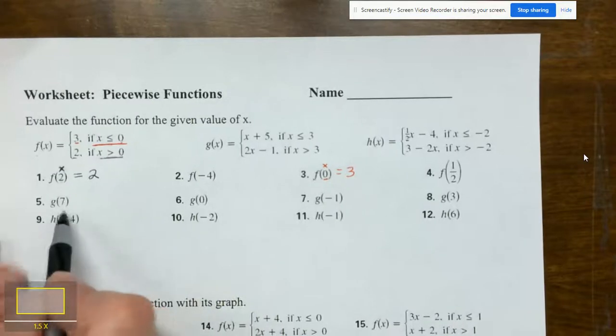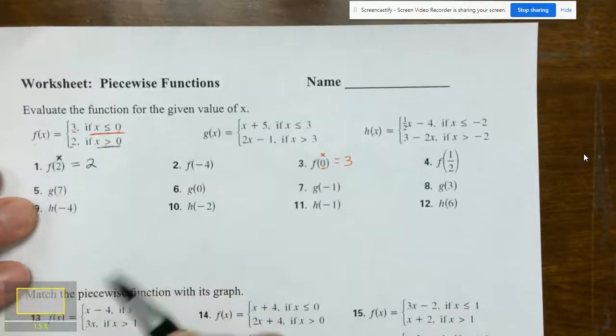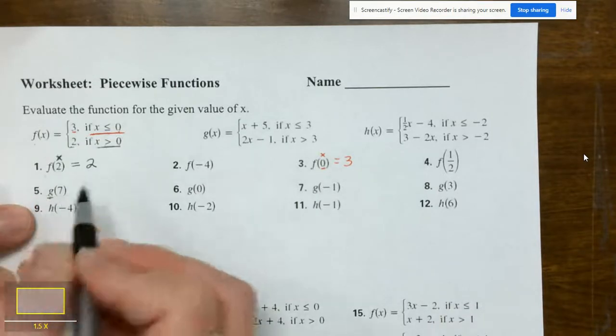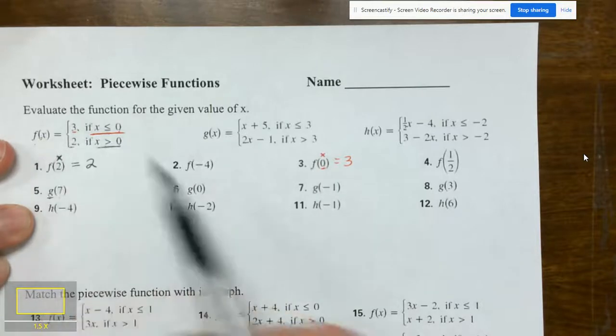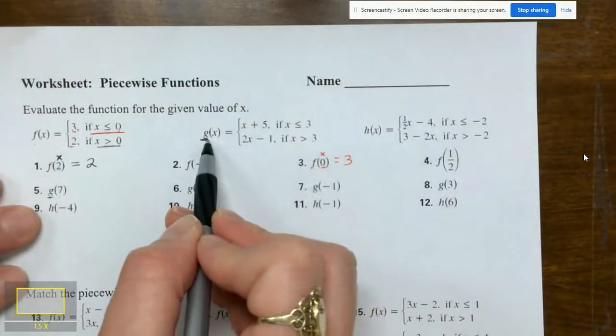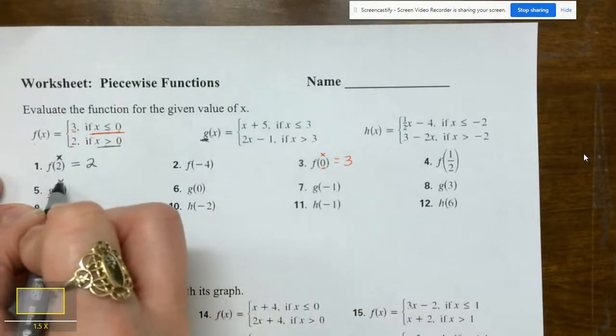Okay, let's look at 5, g of 7. This time my function has changed. I'm using the g function. Now this 7, remember, represents your x.